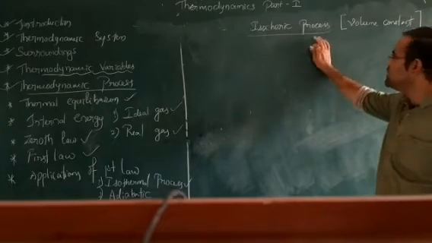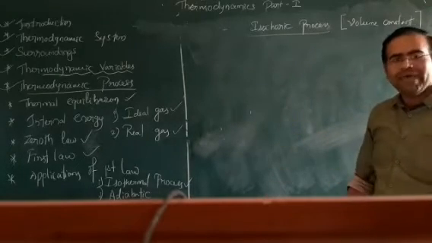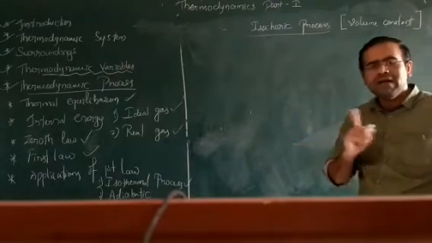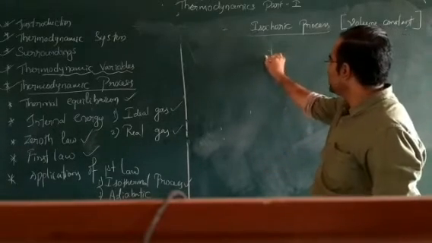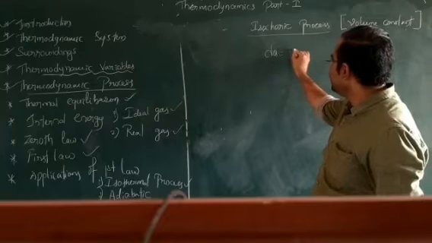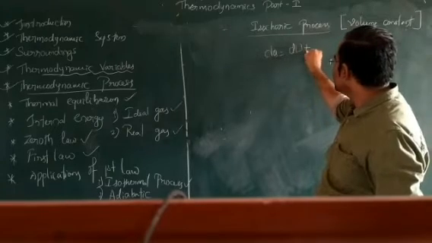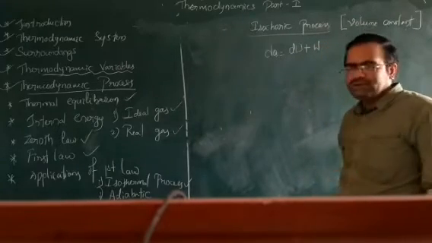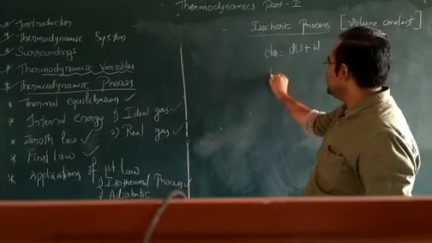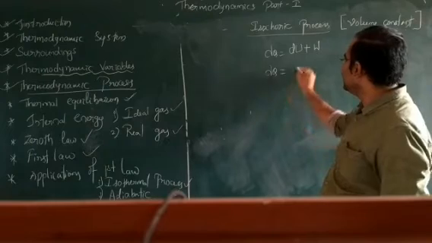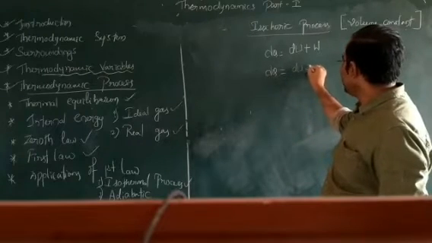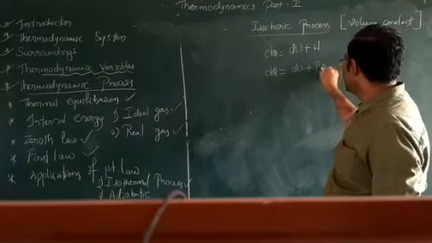So we look at the change in the other thermodynamic variables with respect to a constant volume. Let us write the first equation: dq is equal to du plus work done. Again we can write dq is equal to du plus p multiplied by delta v.